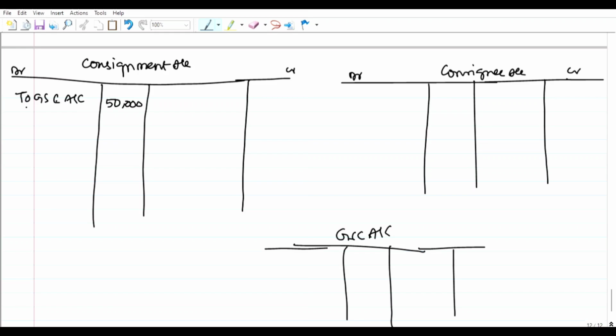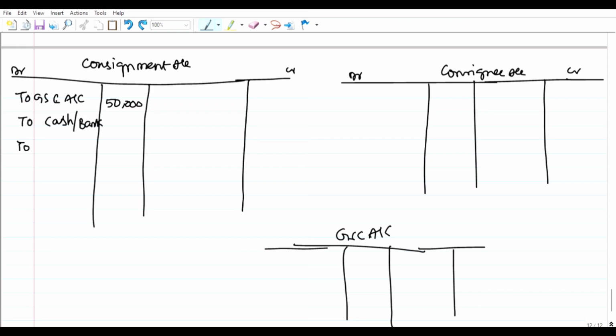For the expenses incurred by consignor, he will be writing the entry as consignment account debit to cash or bank account. For the expenses incurred by consignee, he will be writing the entry as consignment account debit to consignee account, which is Y account.